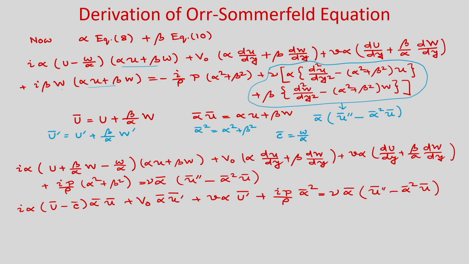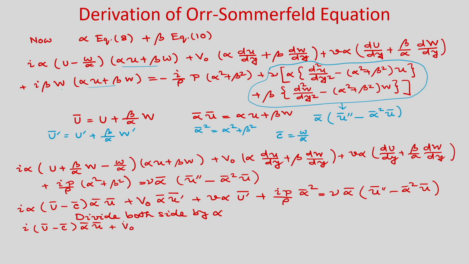Okay. So, this we have written using the squares approximation. Now, divide both sides by alpha. So, we will get i u bar minus c bar alpha bar u bar, and here you will get v naught by alpha, and v naught by alpha we can write v naught bar by alpha bar, and this alpha bar will get cancelled.